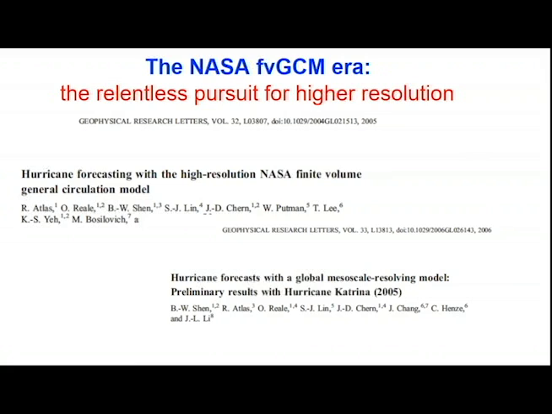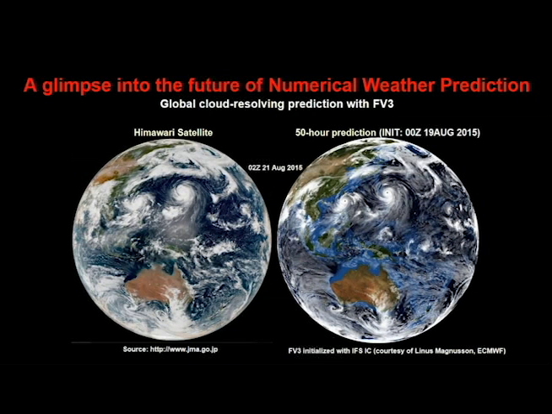It was close to 10 kilometers, which was very high resolution at the time. So you get an idea. This is what Bob wanted to see 20 years ago, but we were only able to do it 2 years ago.